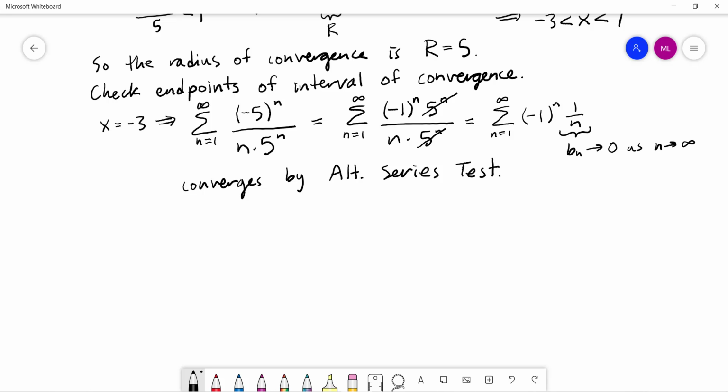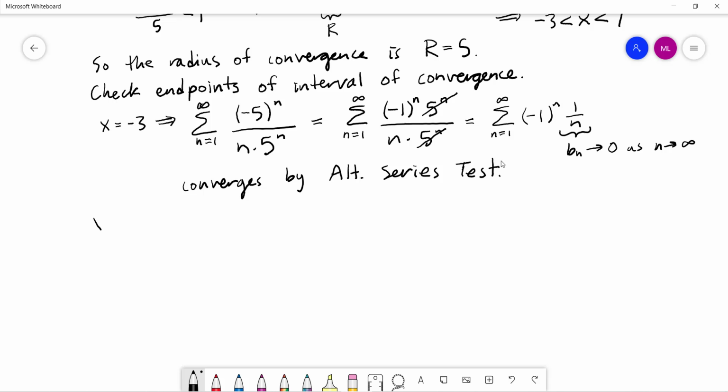And indeed it does. Normally this would be a p-series problem with p equal to 1, which diverges. But because of the alternating, all that's required is this term goes to 0. And so this part converges by the alternating series test.